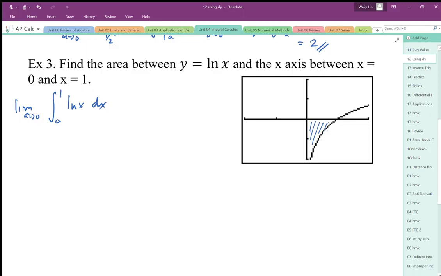So we need to set this up slightly differently. This is where the dy really comes in handy, because we can't integrate this way. But what we could do is phrase this in terms of an x times dy.